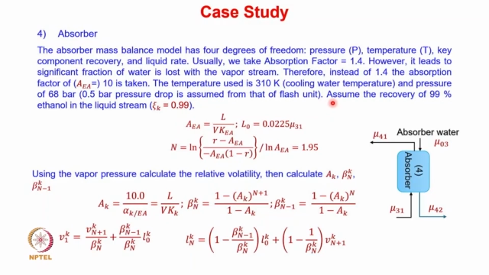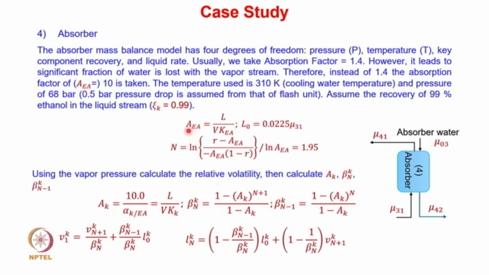The split fraction of the ethanol we have fixed at 99%, which means 99% of the ethanol in the vapor stream we want to absorb using the water. With the pressure, temperature, split fraction of the component, and absorption factor all fixed, all 4 degrees of freedom are specified, and now we can do the calculations uniquely.